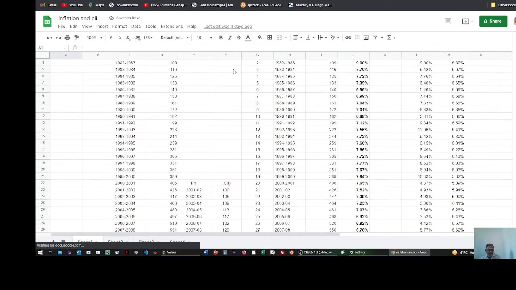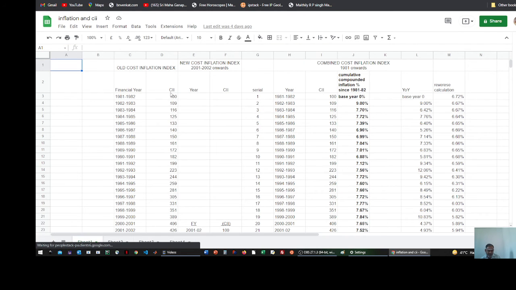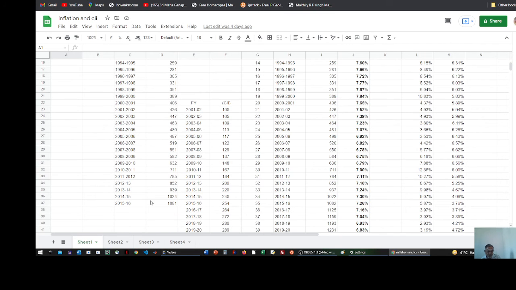In the cost inflation index, the year 1981 is the base, 100, and that old index continued up to 2015-16, and at 2015 that 100% of the 1981 figure is 1081 now.